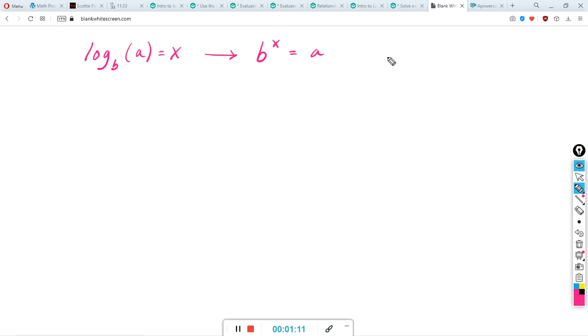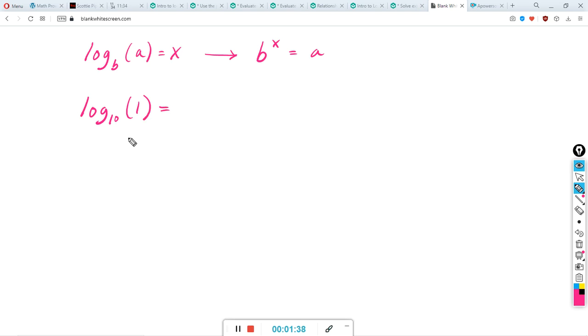It sounds confusing at first, but just as an example, let's say you have log base 10 of 1.